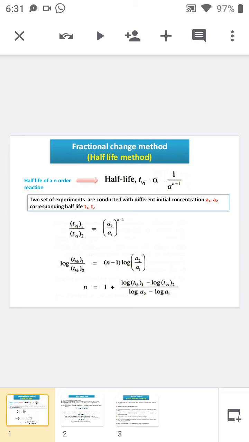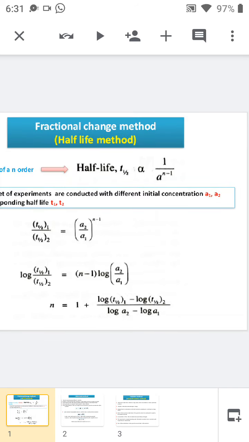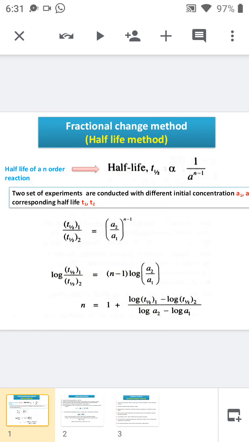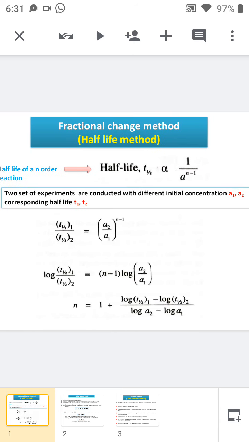Let the initial concentration of the reactant be A1, and we measure the T half, and let it be T1. Next, we conduct the same experiment with a different initial concentration, that is A2, and we find out the half-life period, and the half-life for the second time is represented by T2.